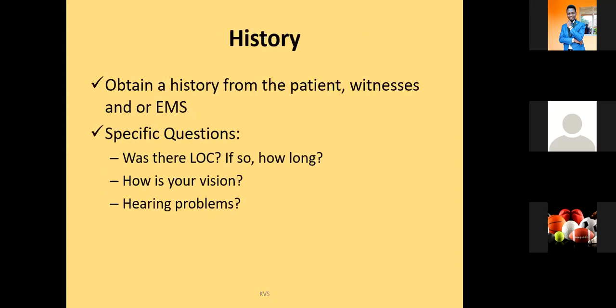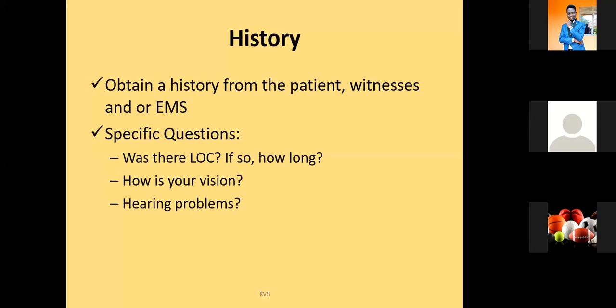Then history is key. Get the history from the patient if they are awake, if they are conscious. Get it from the witnesses or the emergency services. Then you want to know, was there loss of consciousness? If so, how long?